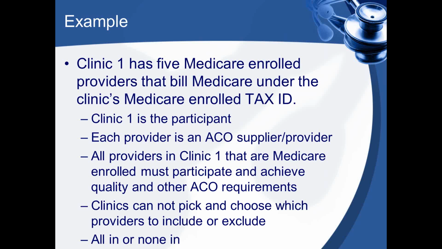So the example here is that Clinic 1 has 5 Medicare enrolled providers that bill Medicare under the clinic's Medicare enrolled tax ID. Clinic 1 is the participant. Each provider is an ACO supplier and provider, but all providers in Clinic 1 that are Medicare enrolled must participate and achieve quality and other ACO requirements. The clinic can't pick and choose which providers to include or exclude if they bill under that Medicare tax ID.